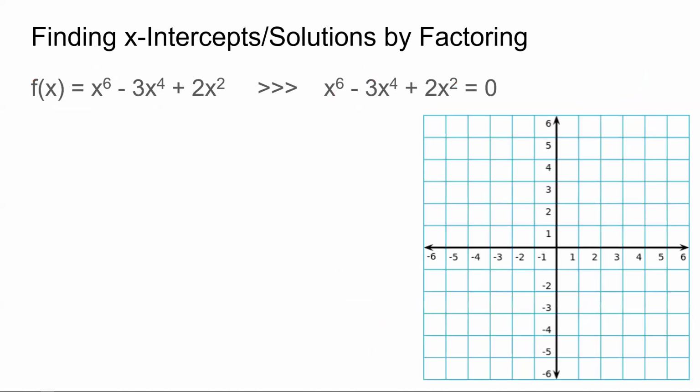So once we've got that figured out, finding the x-intercepts, solutions by factoring. We have factored things before, but we haven't factored things where it's x to the sixth power. But the tricks are the same, the strategies are the same.